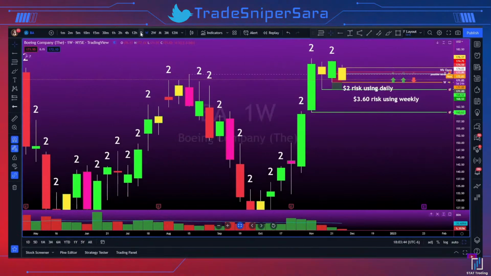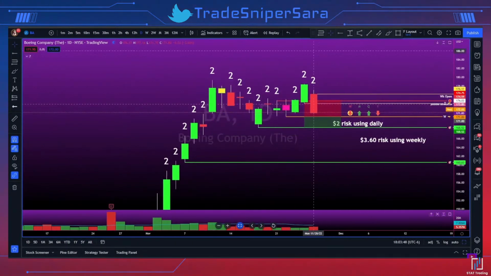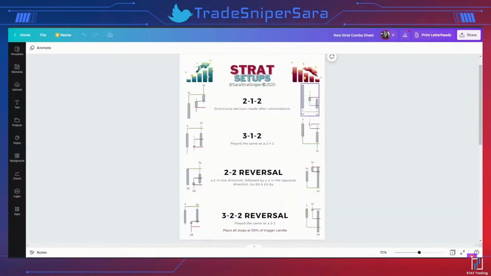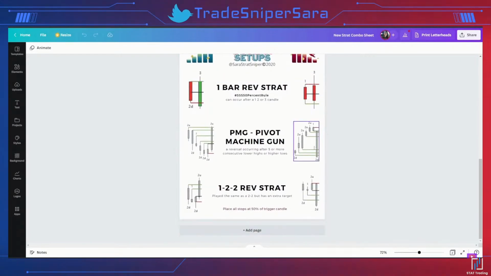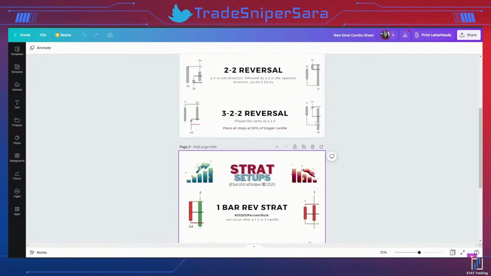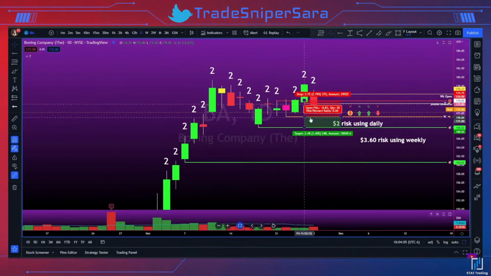But then going down a time frame and saying if this daily bearish reversal works, so it could be anything on the right side of the chart. If anything on the right side of the chart occurs, you're going to enter, anticipating or hoping that you will trigger the weekly rev strat.